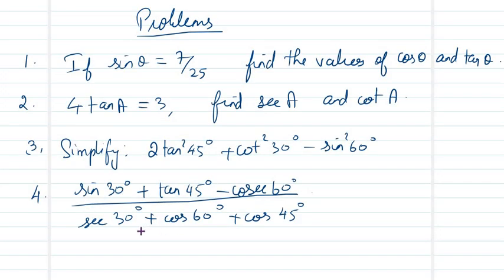So let's go through some of the problems over here. These problems will help you get a clear idea of this chapter of trigonometry, and a few more problems you can find in the next page.